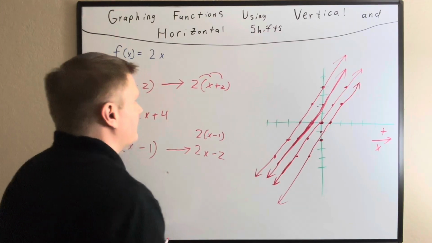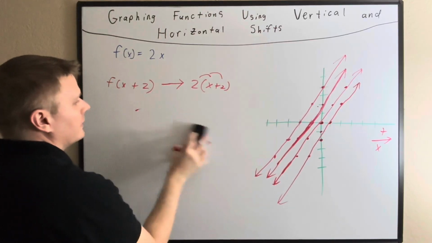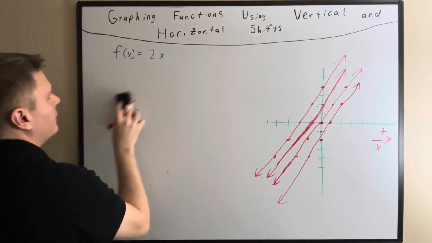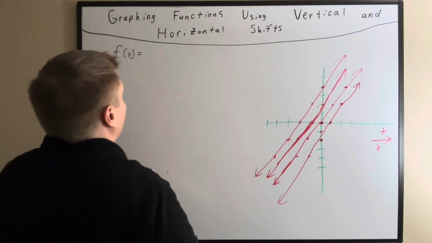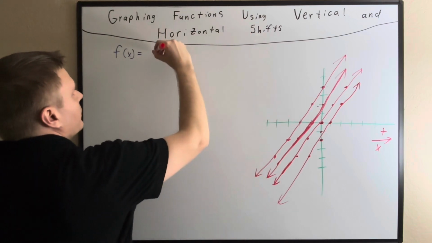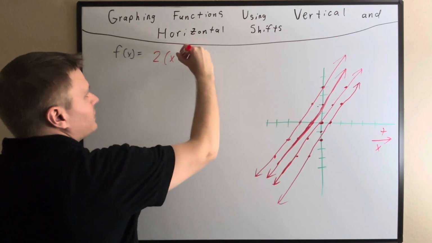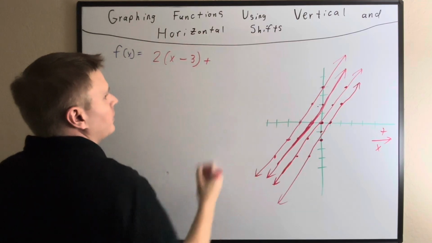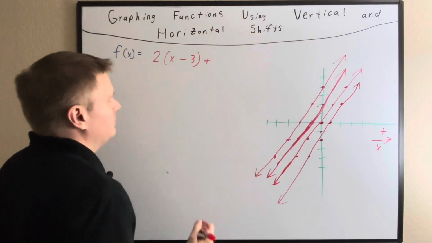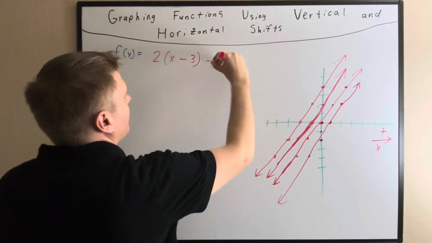Now, if I told you to graph a line that was f of x equals, I don't know, 2 times x minus 3 plus minus 2.